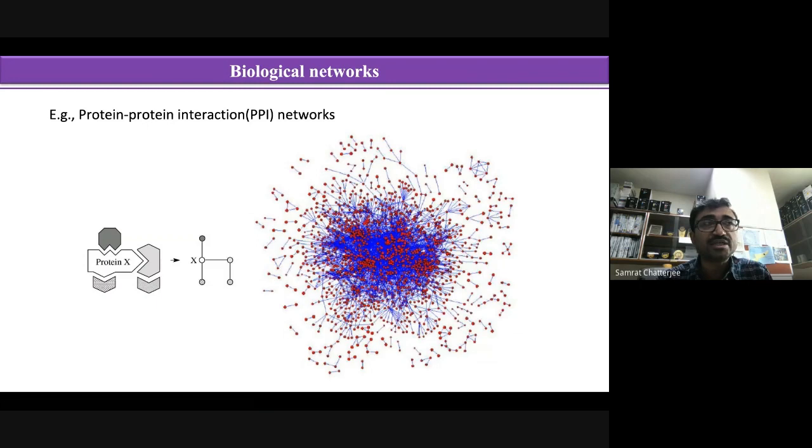When some signal comes from outside or within the cell, there is a very particular pathway, and all those paths are already mentioned. So when a particular protein of this path gets perturbed, suppose some kind of chemical reaction happens there, then it goes to another protein. If I say it very crudely, information is passed to another protein in a biochemical reaction, but you can think of it that way.